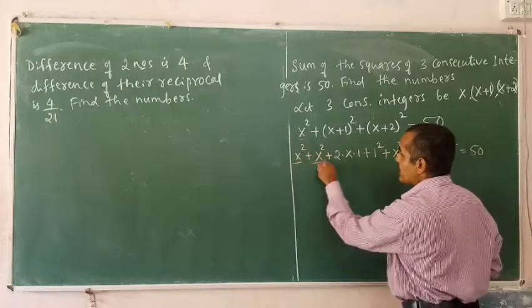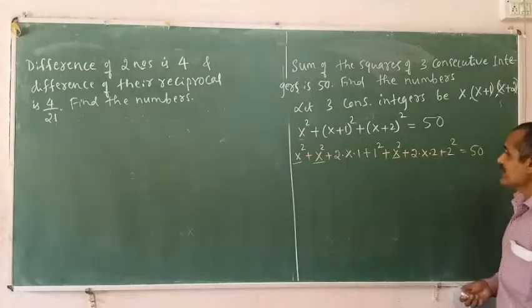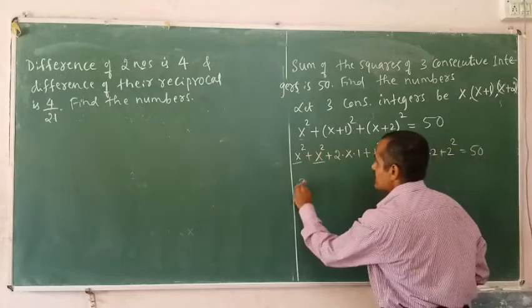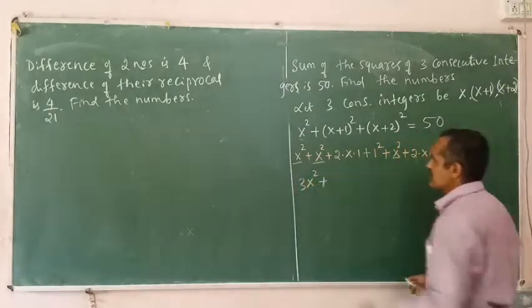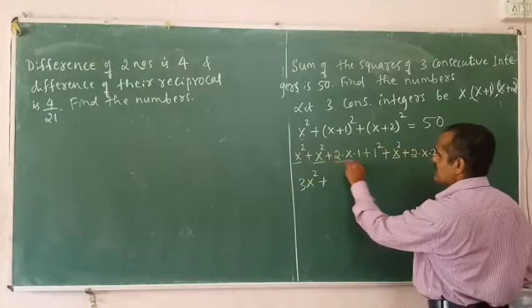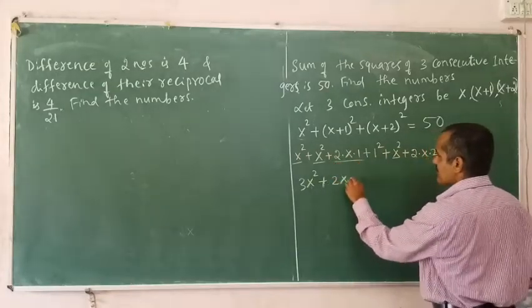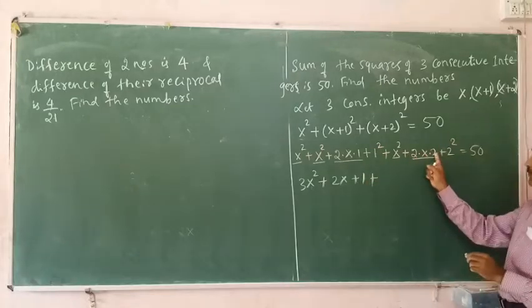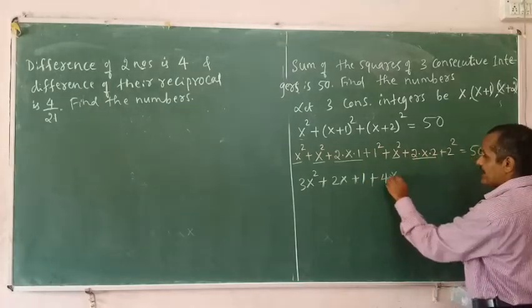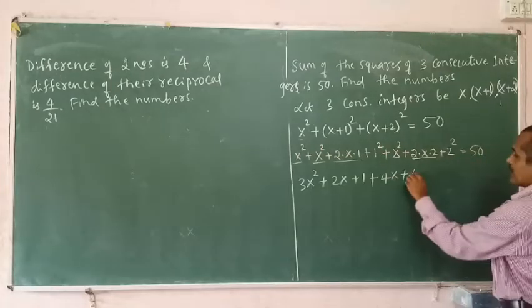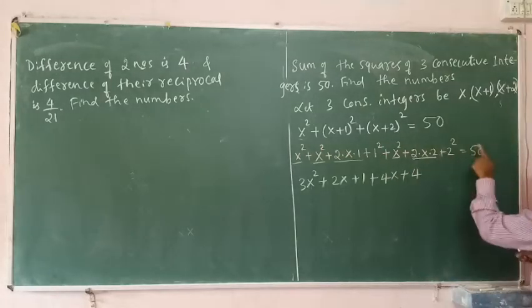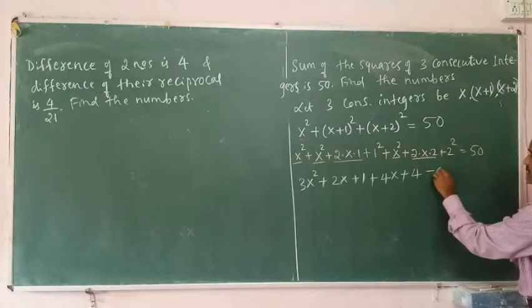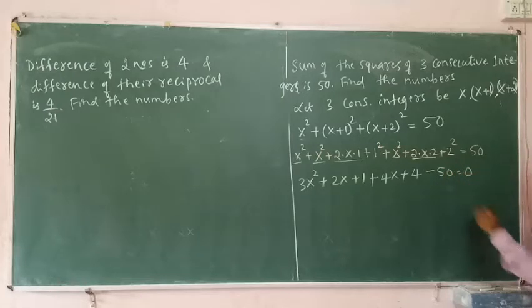Come on. 1x square, 2x square, 3x square. So it is 3x square plus 2x plus 1 plus, this becomes 2 twos are 4, 4x plus 2 square is 4. I will bring this to the LHS: minus 50 is equal to 0.